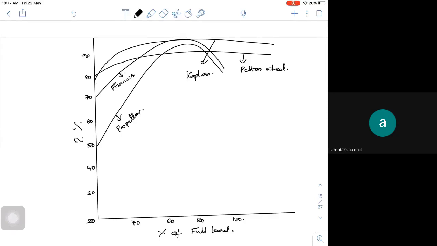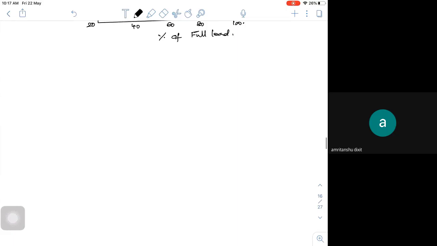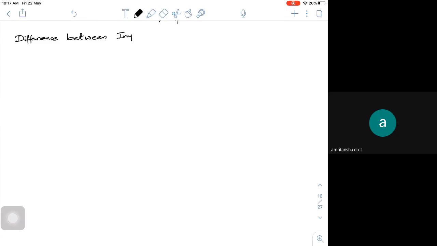Okay. Now, once we have seen this, let's look into the difference between impulse and reaction turbine. They keep asking this. I'll discuss a few points, and maybe you can add to that.